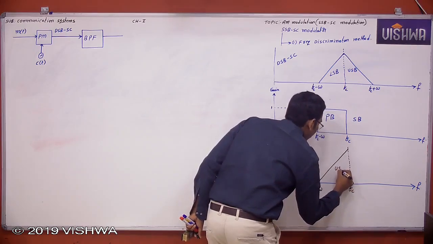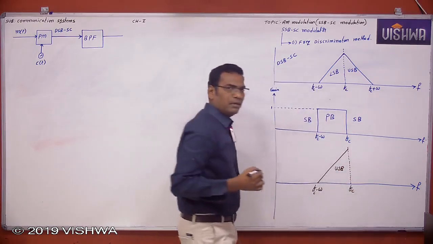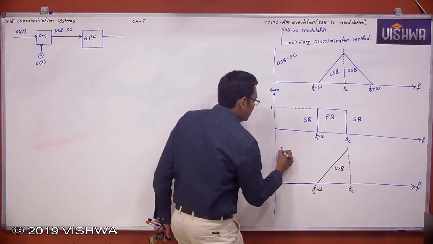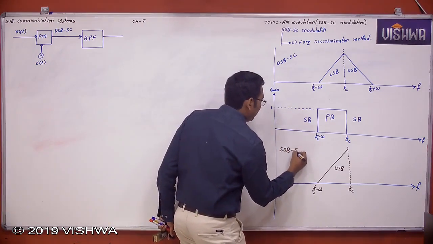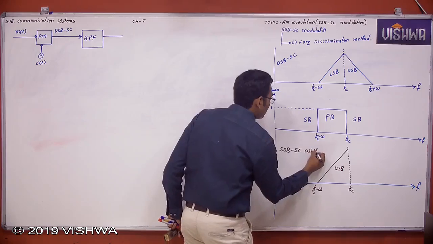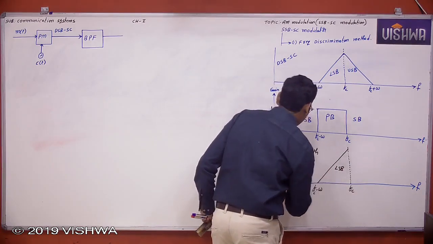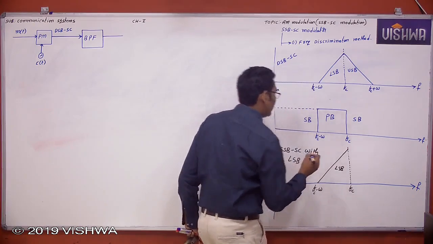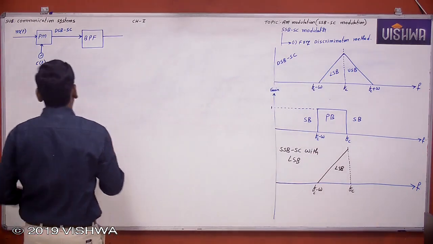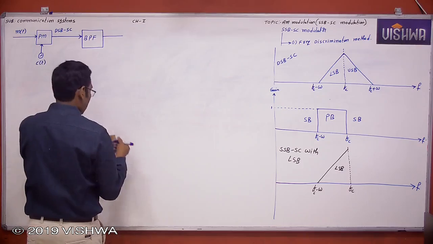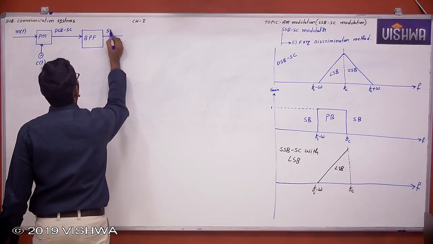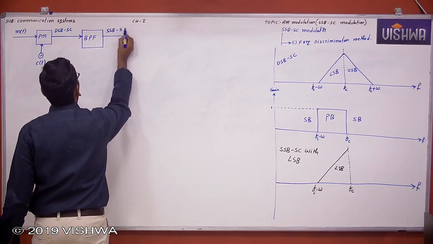This is only one sideband, which means this is a single sideband suppressed carrier with LSB, the lower sideband. So the output of the band pass filter is nothing but an SSB-SC signal. Yes, this is an SSB-SC signal.